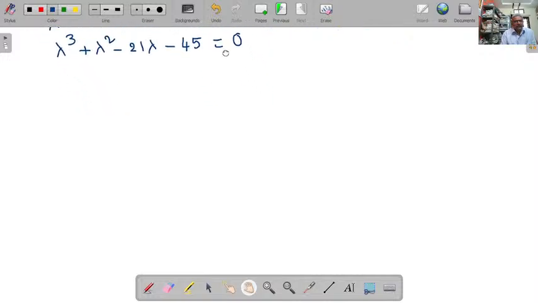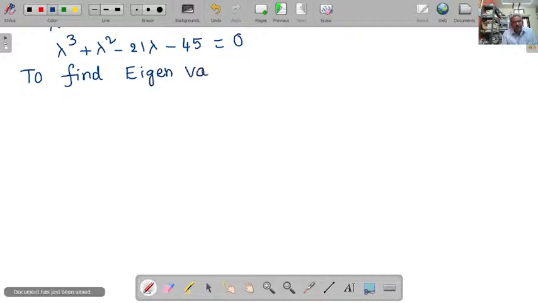How to solve it? That means to find eigenvalues of A. This we need to find out.